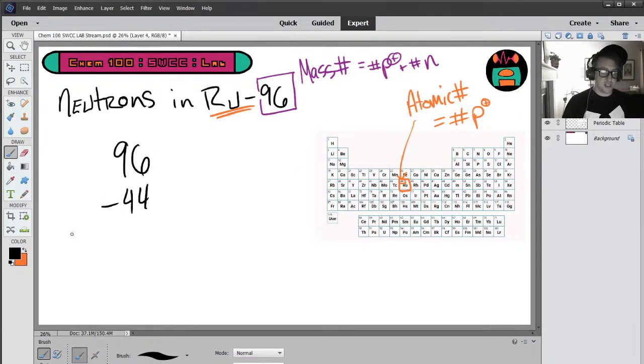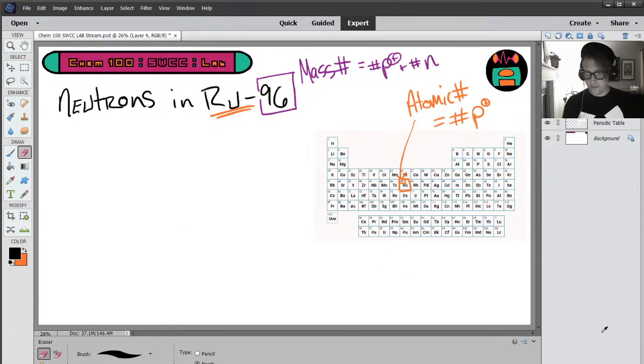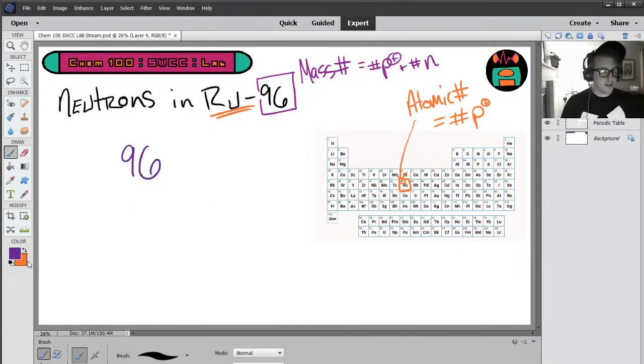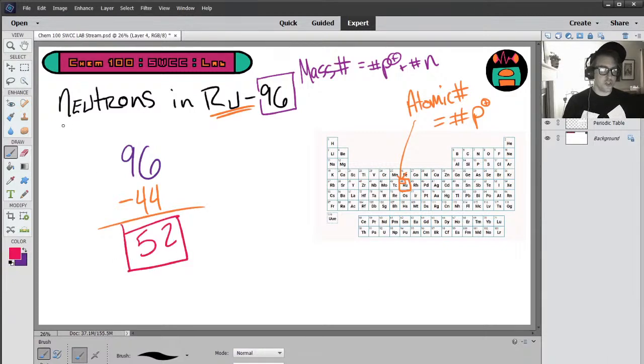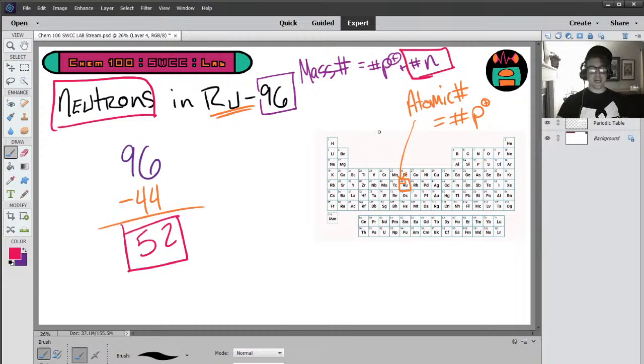If we take the number of protons and neutrons and subtract just the number of protons, it's going to give us just the number of neutrons. So the isotope ruthenium 96 has 52 neutrons.